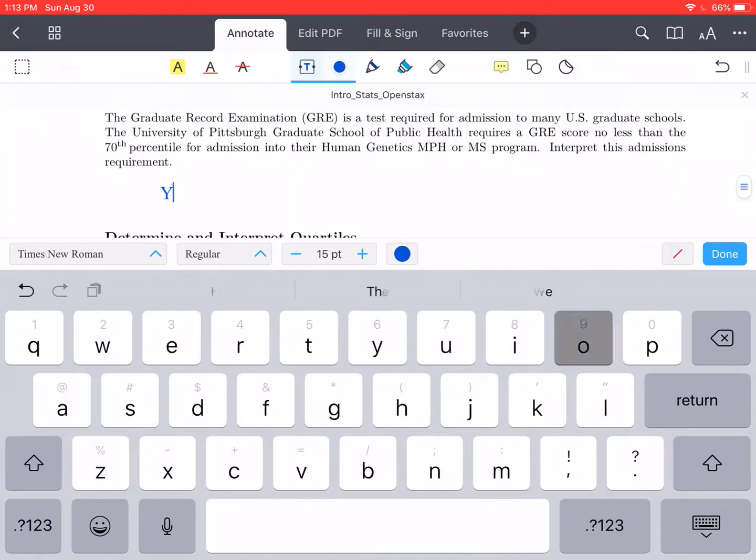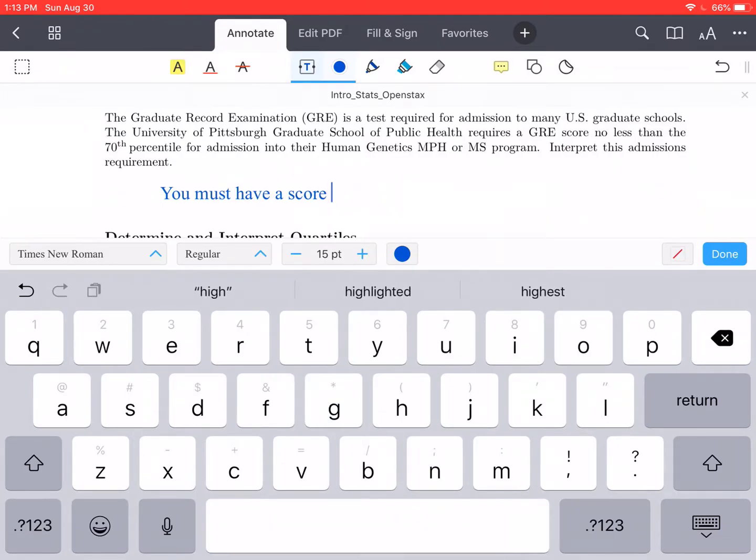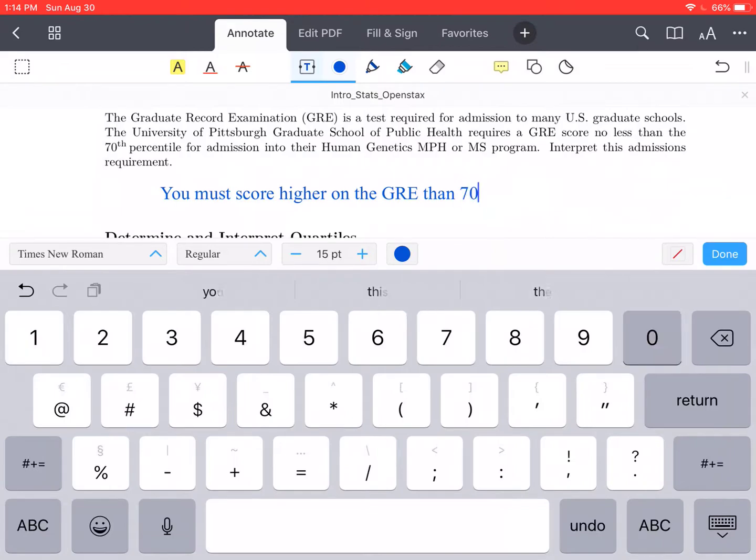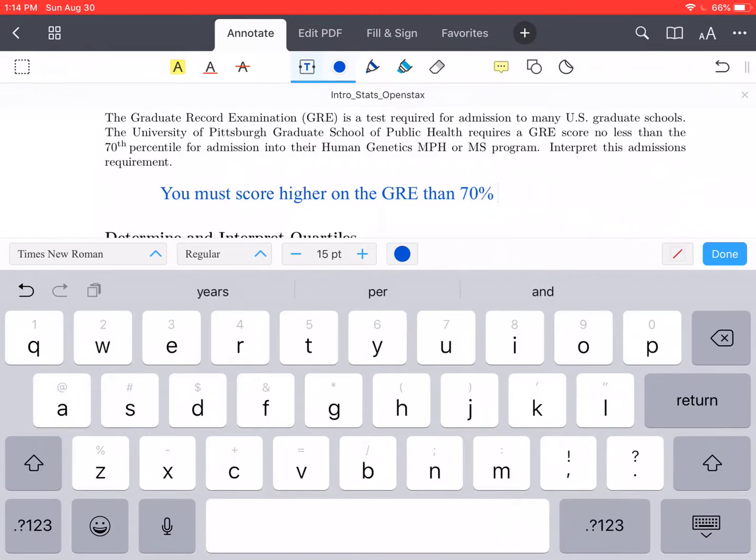It means that you must score higher on the GRE than 70% of all the people that took it.